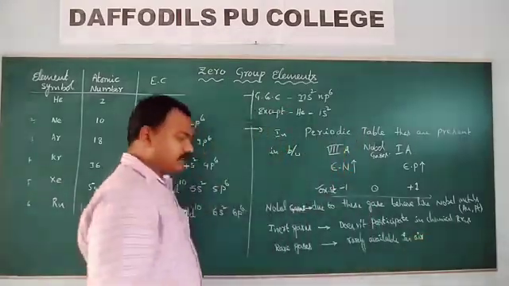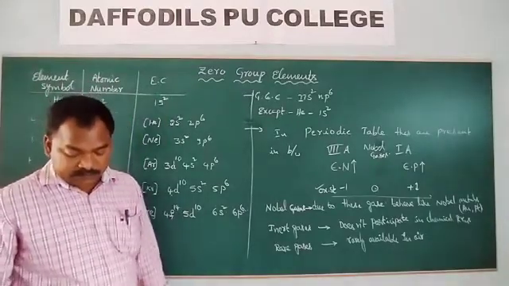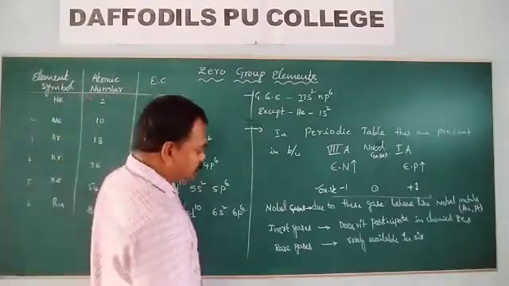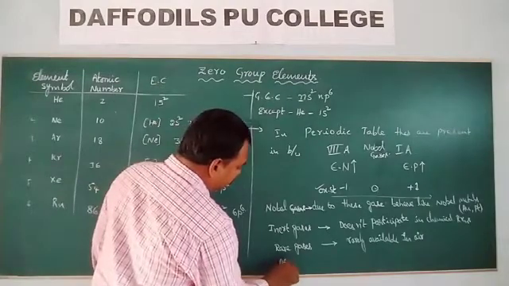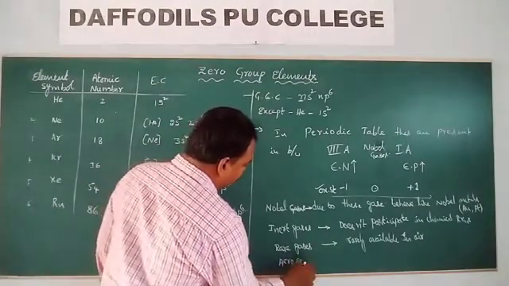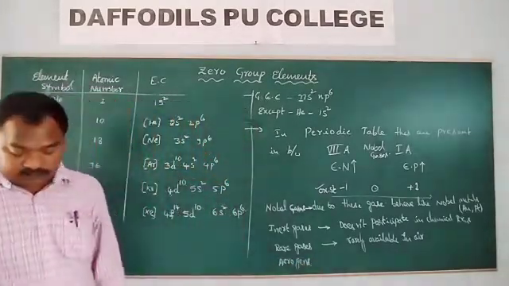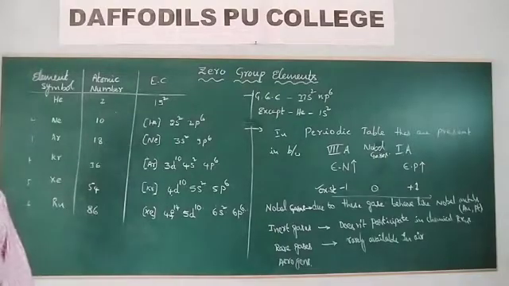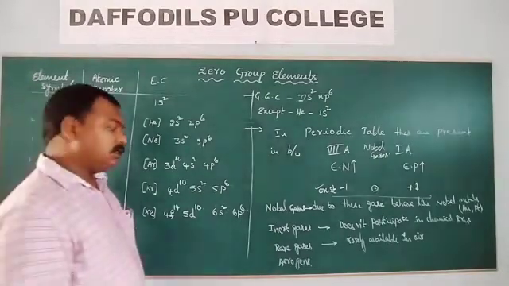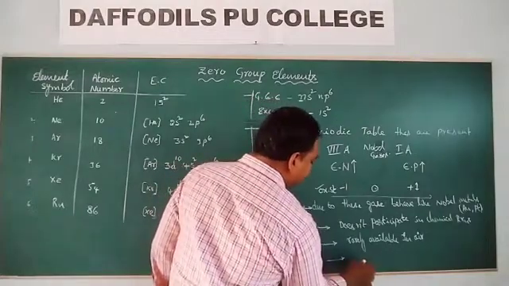Hence, these are known as the rare gases. These are also known as aerogens, because these gases are isolated from air.